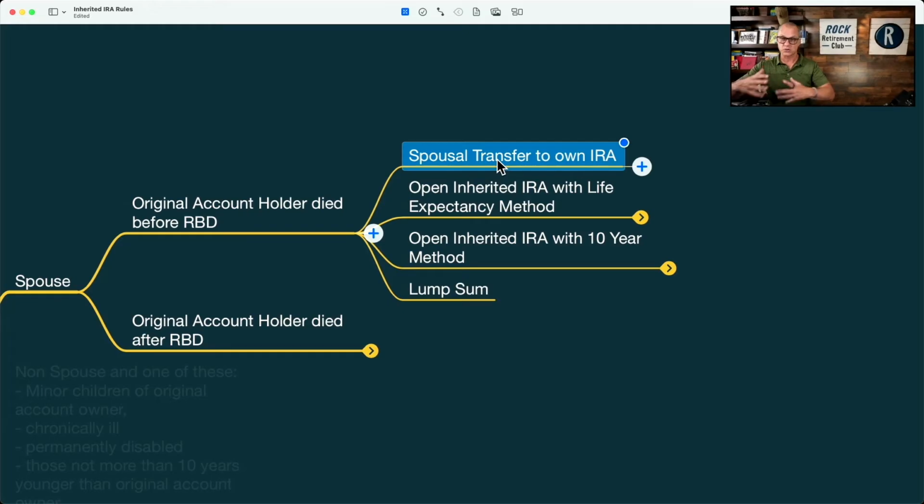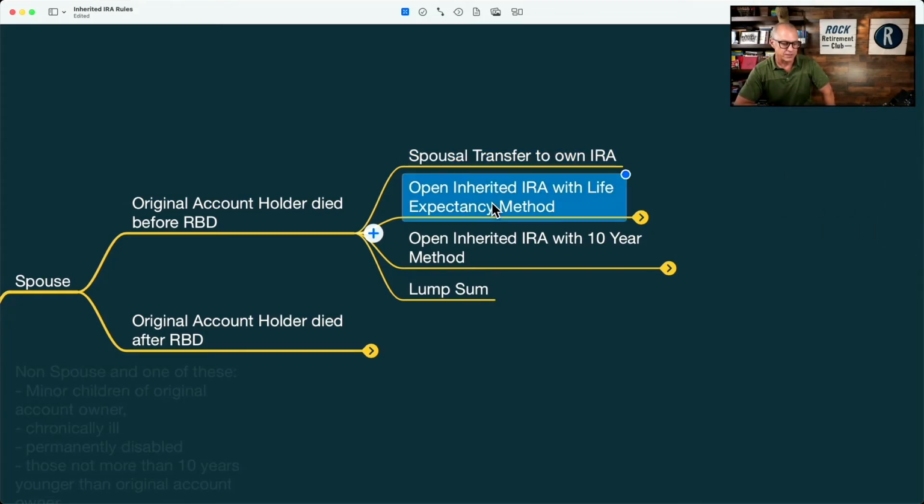Number one is they can transfer this directly to their own IRA, or they can establish a new IRA to receive this and just treat it like their own money and avoid all of this craziness in terms of rules. This is actually what happens, in my experience, about 99% of the time. But the spouse also has other options that they might want to be aware of.